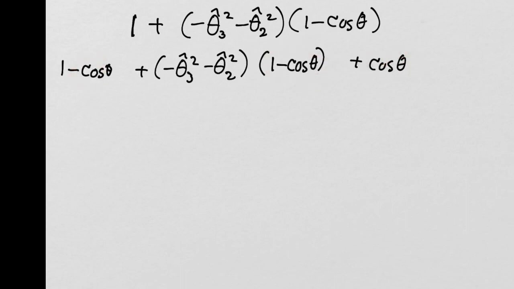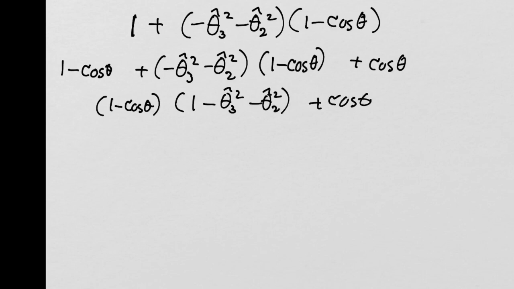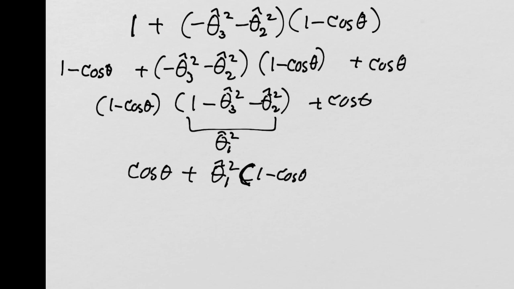Now I factor out a 1 minus cosine theta, and I get 1 minus cosine theta times 1 minus theta 3 hat squared minus theta 2 hat squared, plus cosine theta. But this just equals theta 1 hat squared by the way these things are normalized. And so your final result is cosine theta plus theta 1 hat squared times 1 minus cosine theta.